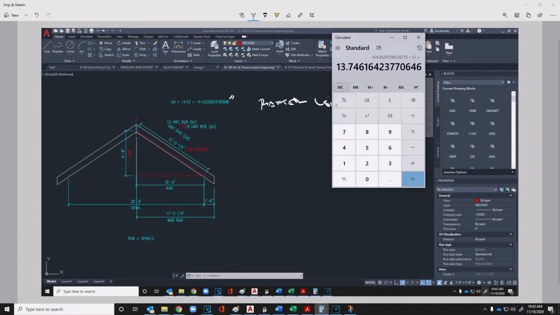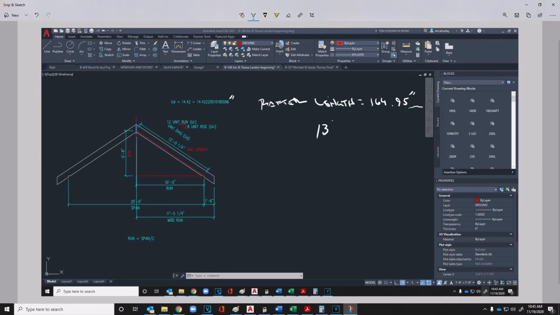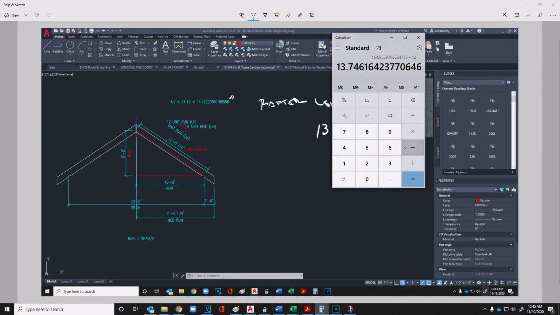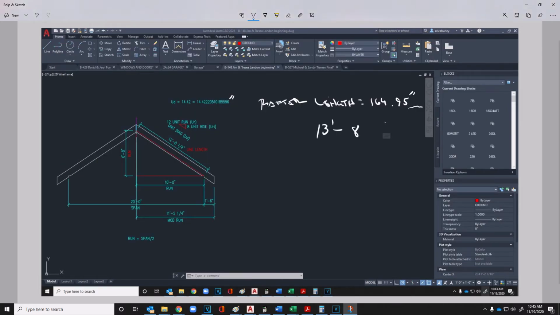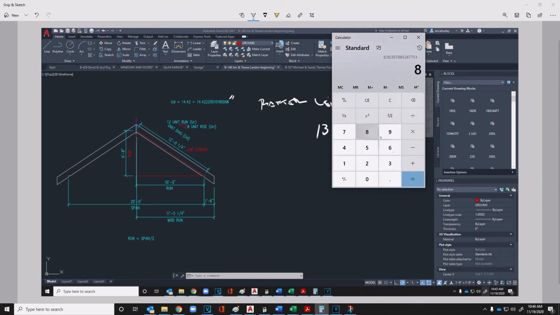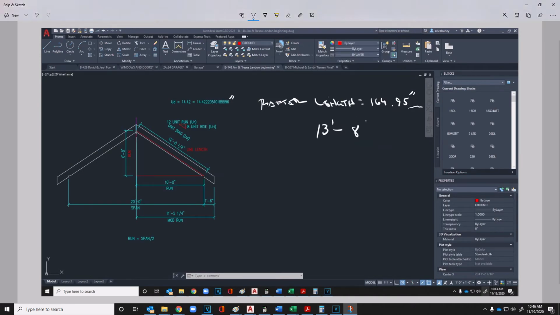All right, so that gives me 13 feet. Going to subtract the 13. Now I'm going to multiply by 12 to end up with 8. Then I'm going to subtract my 8, and multiply that times 16, and that gives me 15/16.